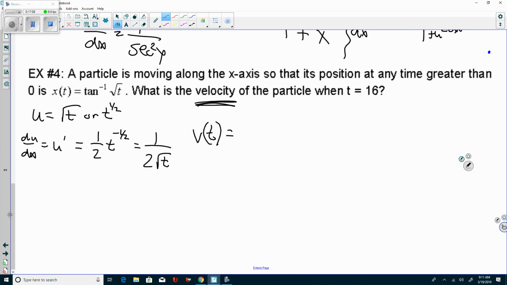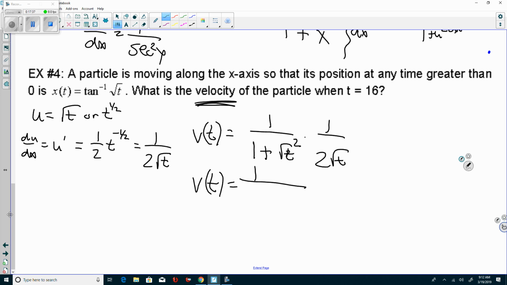So we have 1 over 1 plus u, which is root t, squared, times the derivative, which is 1 over 2 root t. The square root of t squared just gives me t. So the velocity of t is going to equal 1 over, because it's multiplication, you just multiply everything, 2 root t times 1 plus t.